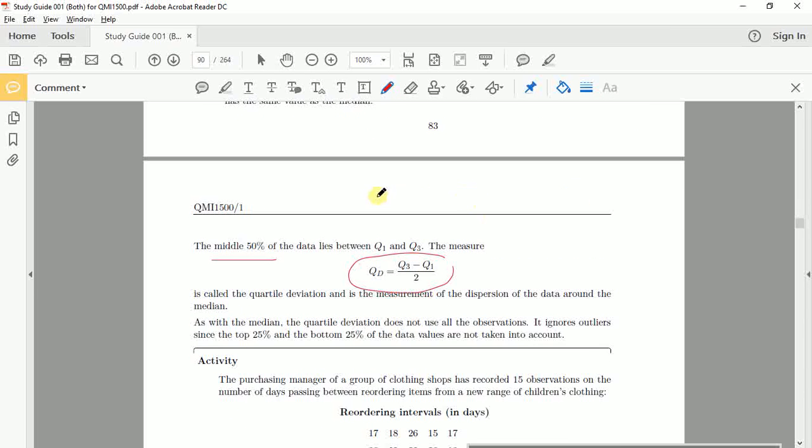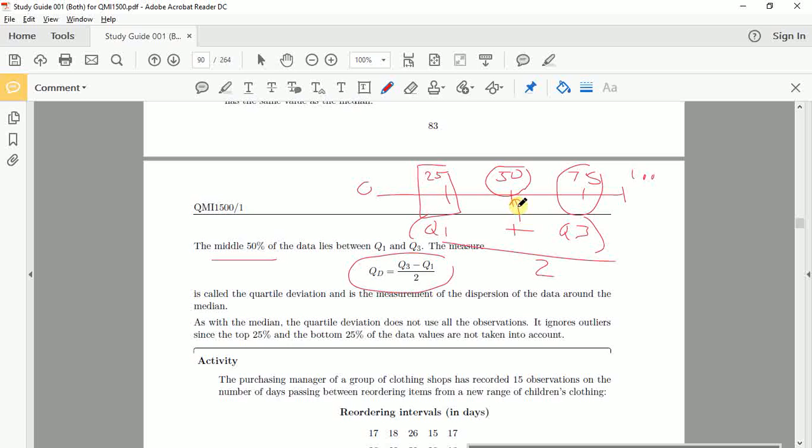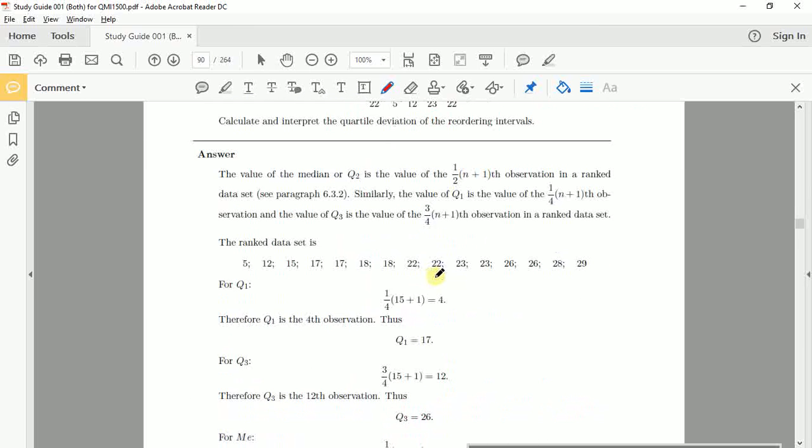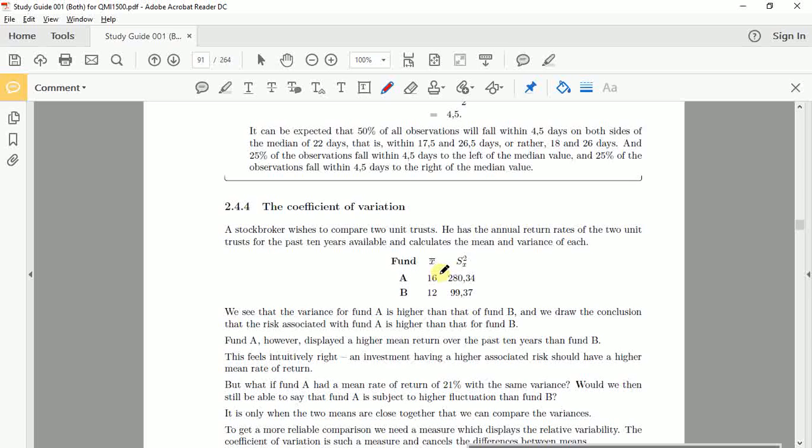For example, I start at 0, I've got 25%, 50%, 75%, and 100%. If I know what this is, which is quartile 1, and I know what this is, which is quartile 3, I can add those two together, divide by 2, and it'll give me the 50%. That's what the formula is saying. It's just position.